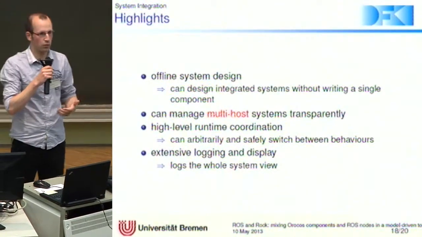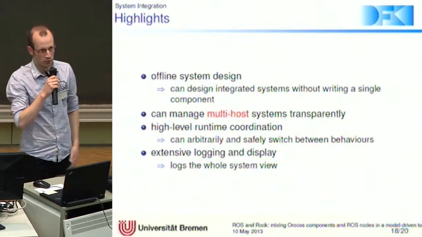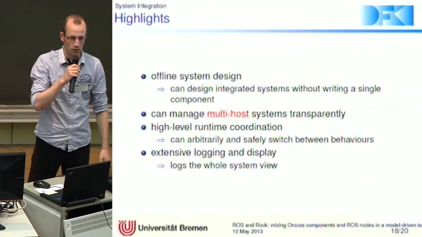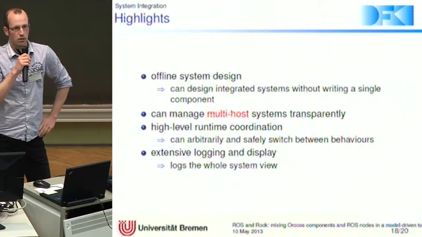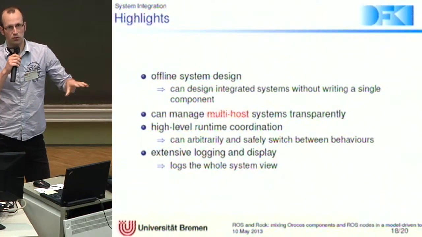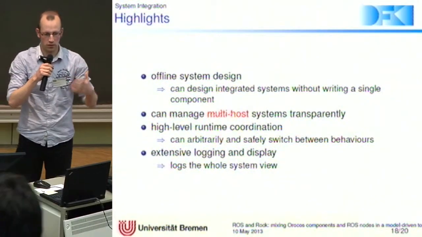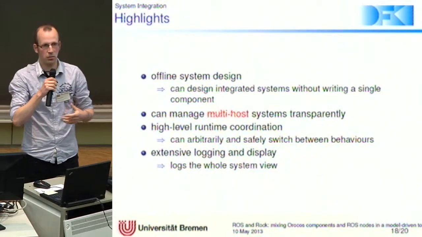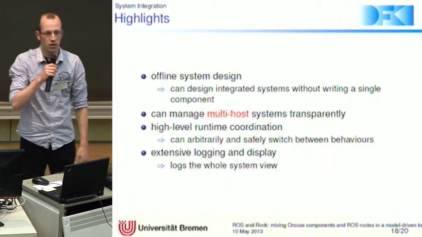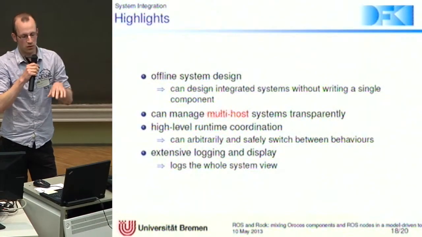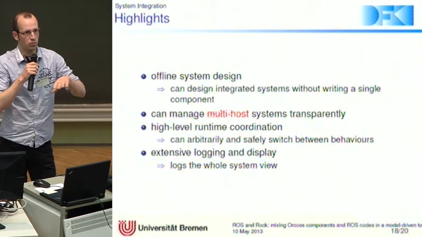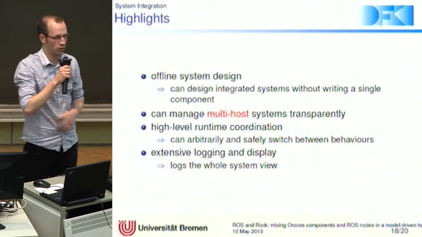That's what we call the network instantiation, which you can do before you actually deploy the network at runtime. Then you can also use it to distribute your system. So if you run one controller of this supervision on one system, and you have other attached systems, this can be transparently managed through this supervision layer. So you can have your components distributed.